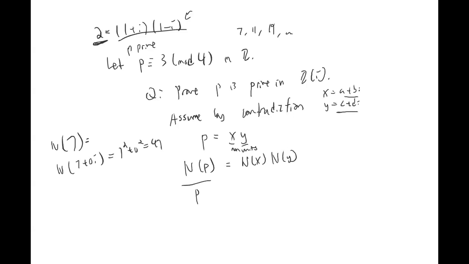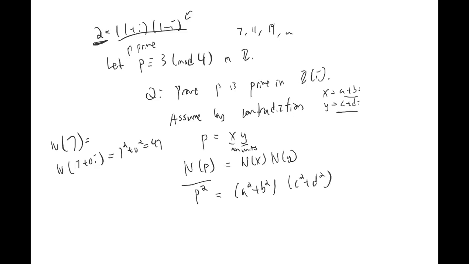So this is p squared. Most of my questions are not trick questions, so don't be afraid to answer. So this thing is a squared plus b squared, and this thing is c squared plus d squared.